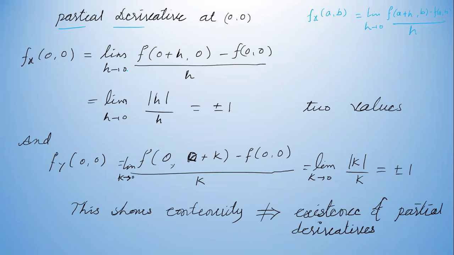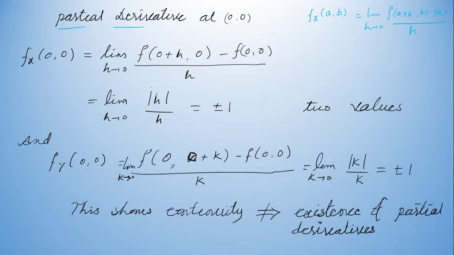That means limit h tends to 0 of f of 0 plus h comma b, here b is 0, minus f of 0 0, divided by h.